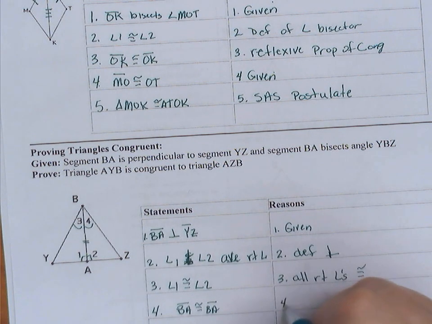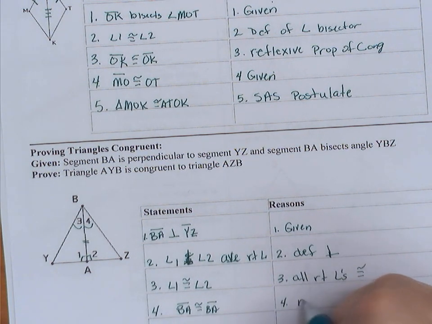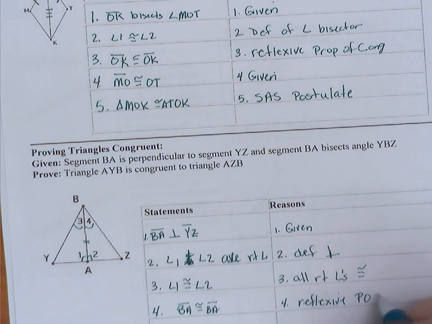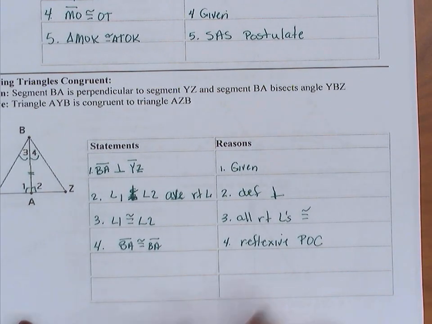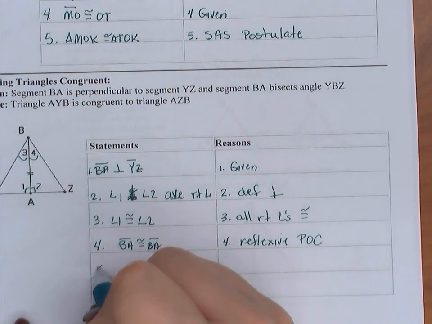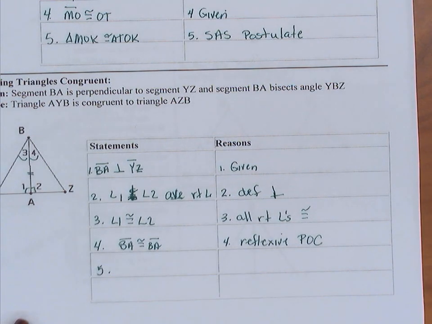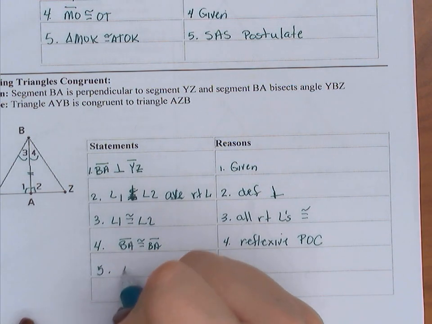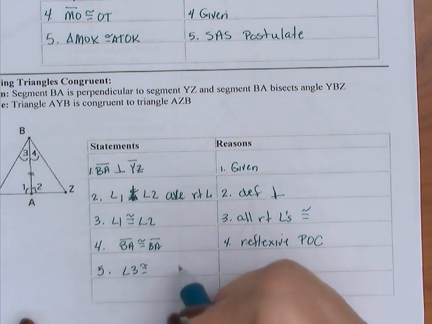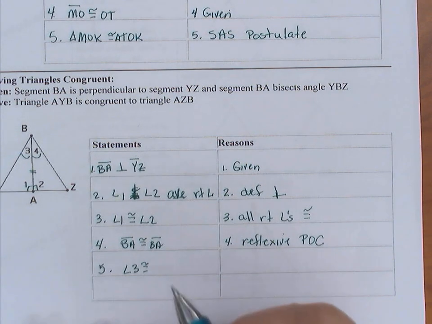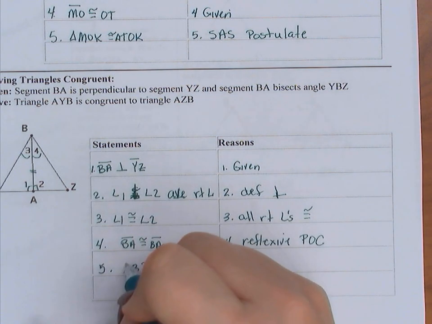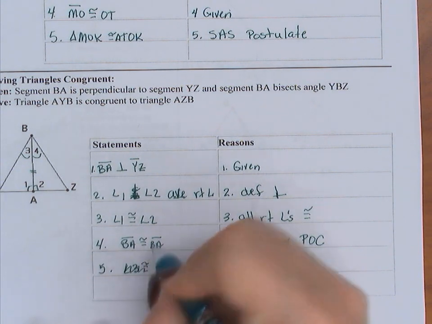That's the reflexive property of congruency. Then I'm going to say that angle 3 is congruent to angle 4.